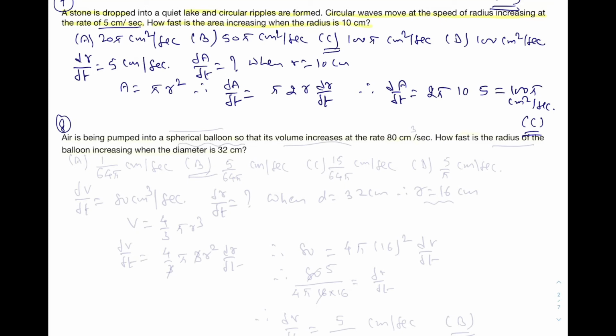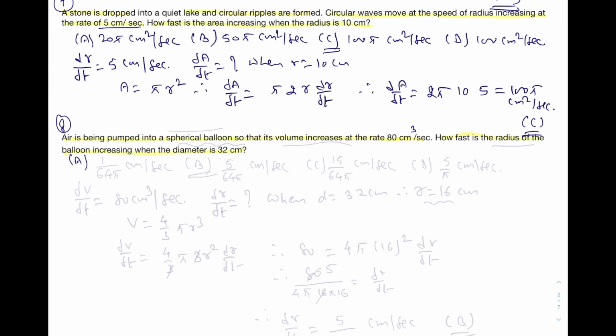Air is being pumped into a spherical balloon so that its volume is increasing at the rate of 80 centimeter cube per second. How fast is the radius of the balloon increasing when the diameter is 32 centimeter?